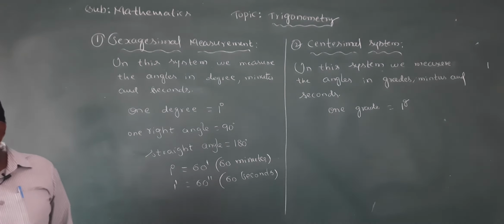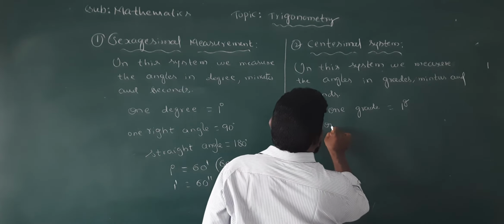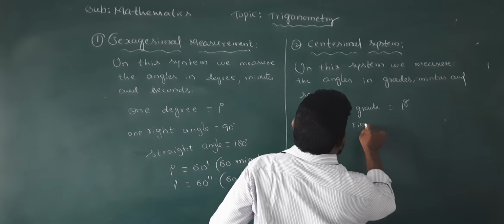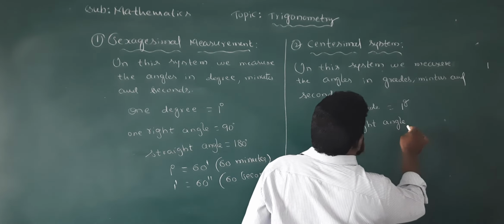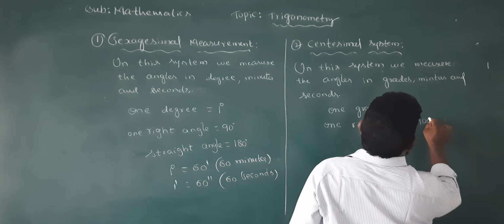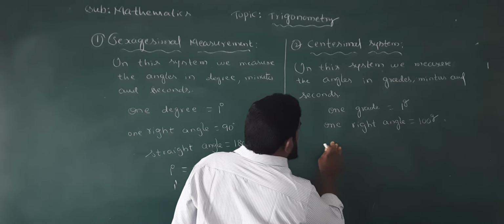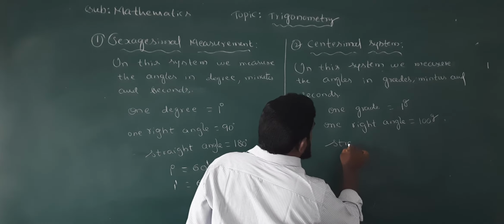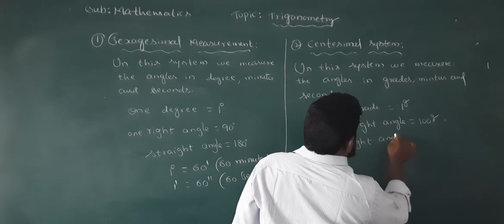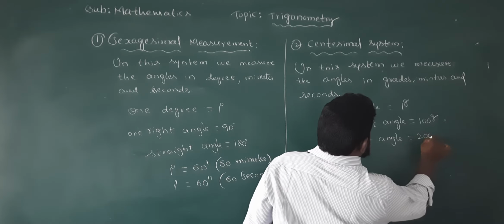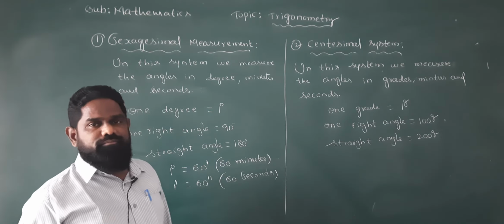Okay. 1 right angle equals 100 grades. 1 straight angle equals 200 grades.